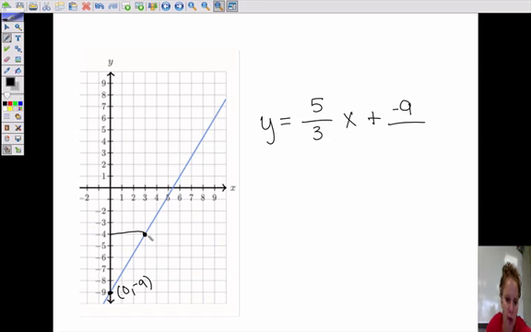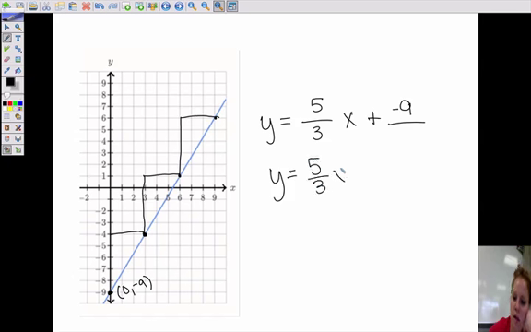If I want to find another nice point, am I still doing the same thing? Yep, that's up 5 and over 3. My next nice point should be up 5 and over 3. And so, again, I have y equals 5/3 times x, and not plus, but -9.